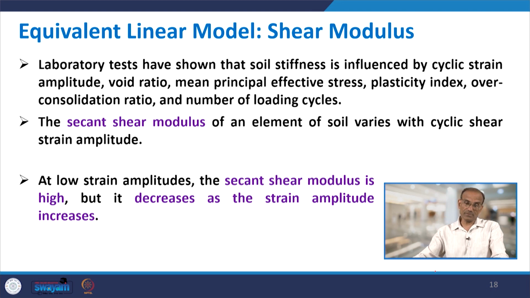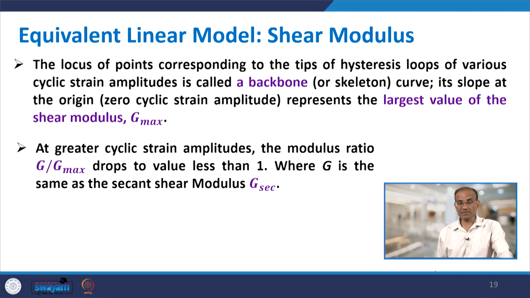The secant shear modulus of an element of soil varies with cyclic shear strain amplitude. When you change the cyclic shear strain amplitude, the secant modulus will decrease. At lower strain amplitude, the secant shear modulus is high, but it decreases as the strain amplitude increases. In fact, the secant modulus is maximum when the shear strain is almost 0, negligible.